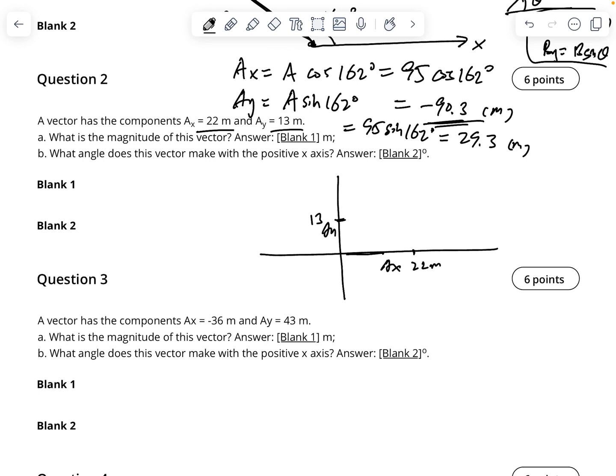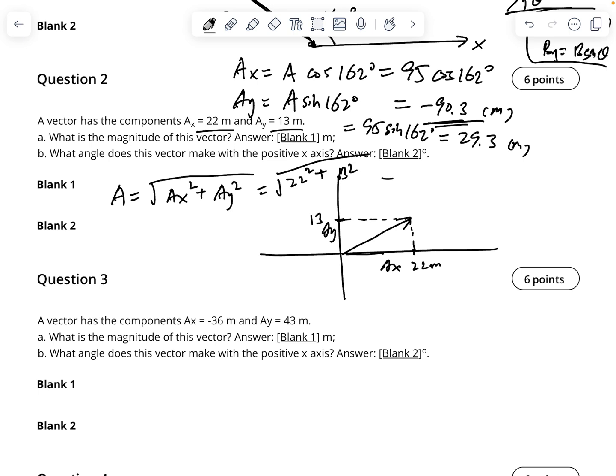We know the components of the vector, and then you can combine them together. This is your vector. What is the magnitude of the vector? A equals the square root of Ax squared plus Ay squared, equals 22 squared plus 13 squared. So just make the calculation.